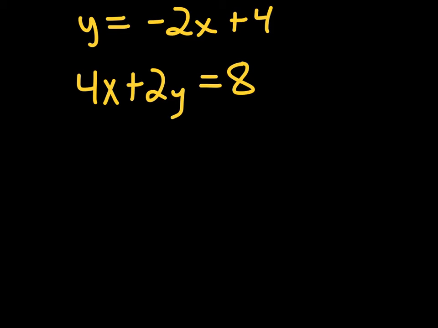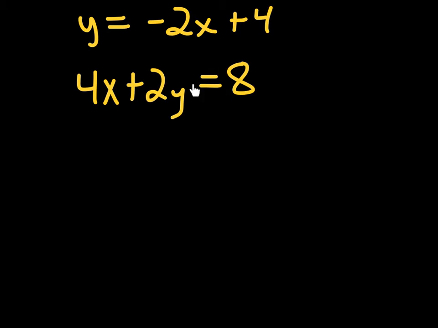Our next special circumstance I'm going to do for you right here. We have two equations that form a system of linear equations. One of them is already in y equals mx plus b form, this one right here, and this other one is in standard form, ax plus by equals c.